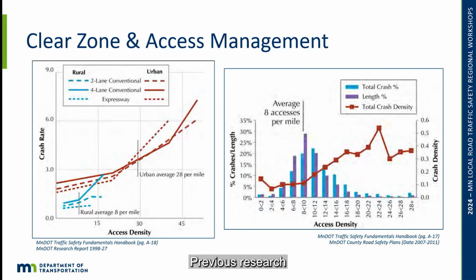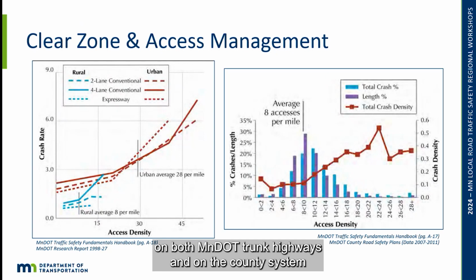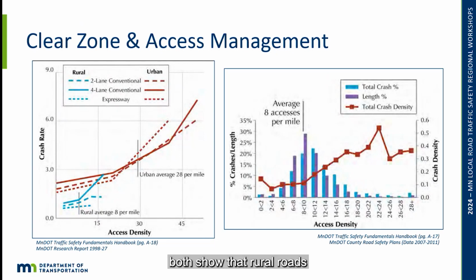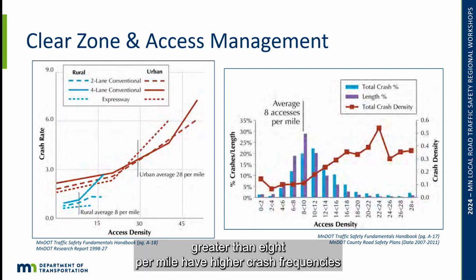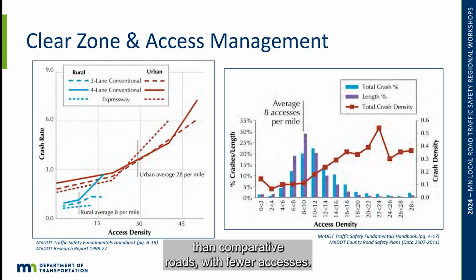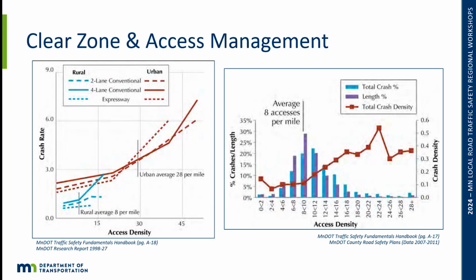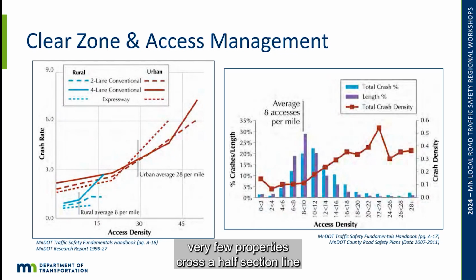Previous research on both MnDOT trunk highways and on the county system both show that rural roads with access densities greater than 8 per mile have higher crash frequencies than comparative roads with fewer accesses. I found that in rural areas, very few properties cross a half section line.